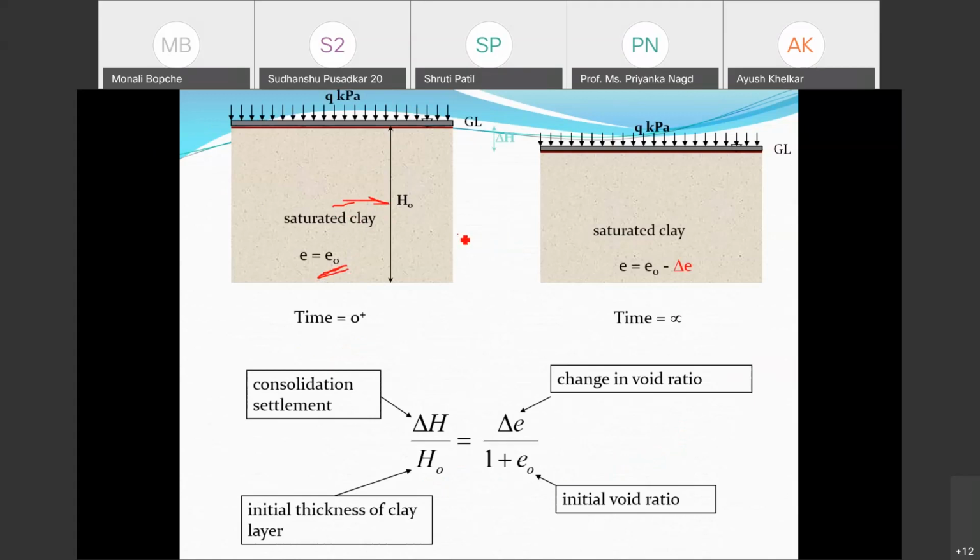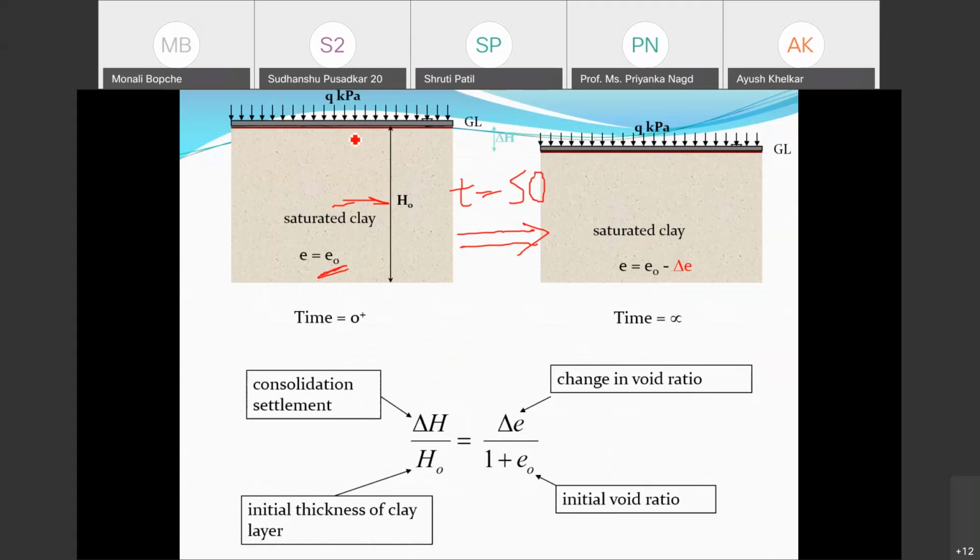After, say, a time period of T equal to 50 years, the load Q remains the same, because we are keeping the same building and not changing it. After 50 years, what will happen?